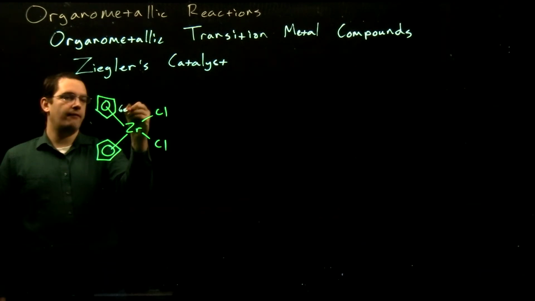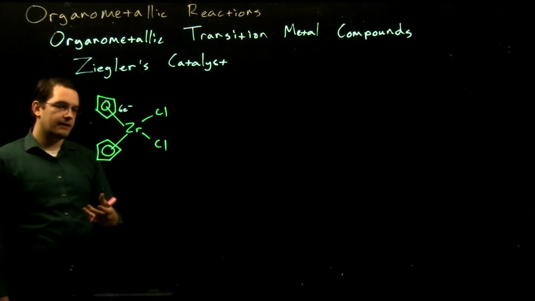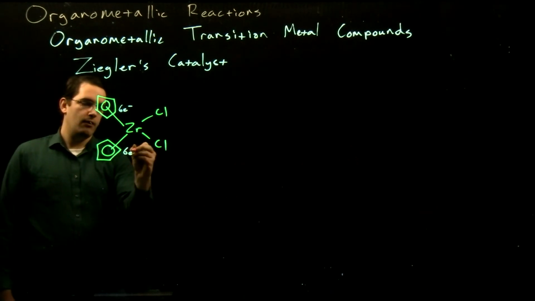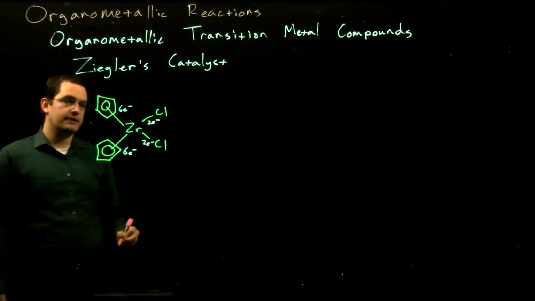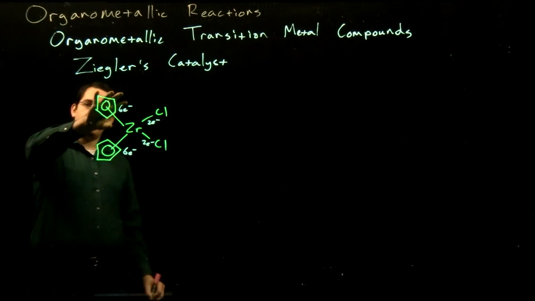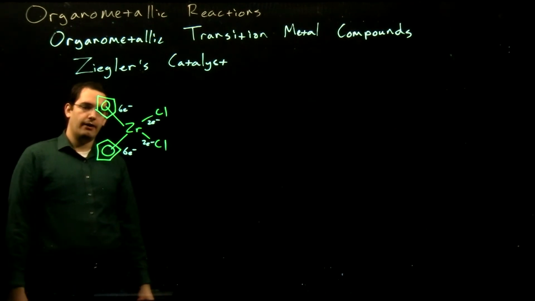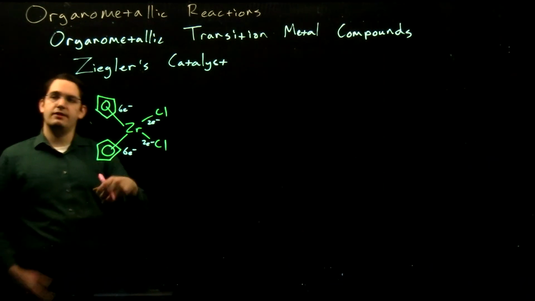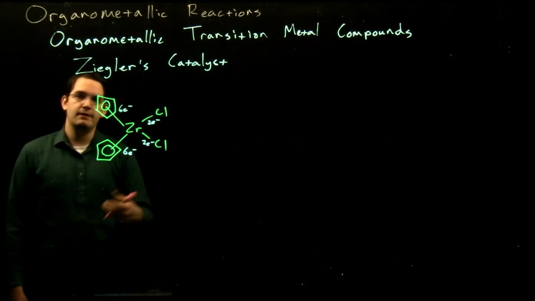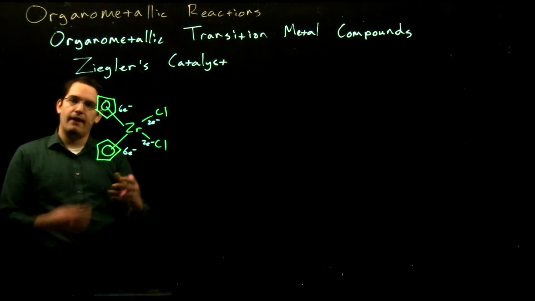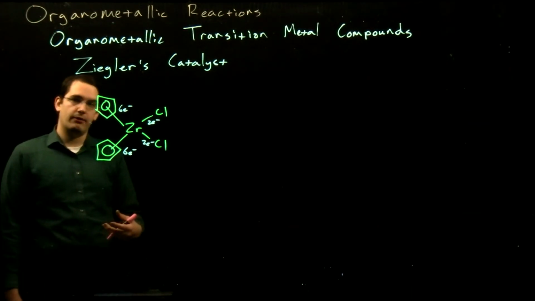So each of these has 6 electrons in this conjugated pi aromatic system. We have, of course, 2 electrons from each of these chlorines, and we're actually sharing these 6 pi electrons with our zirconium ion here. So it's not just interacting with a single lone pair, or it's not just a single covalent bond. It's actually sharing electrons with the pi electrons of that conjugated aromatic ring.